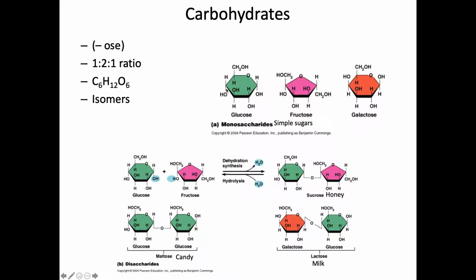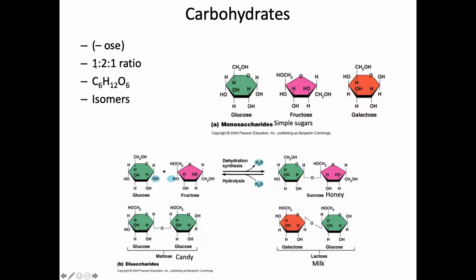And then these carbohydrates, their monomers or their subunits, are called monosaccharides. Another way of saying monosaccharides is simple sugars. And then these will usually have a 1 to 2 to 1 ratio. It means that it'll have 1 carbon, 2 hydrogens, and 1 oxygen.